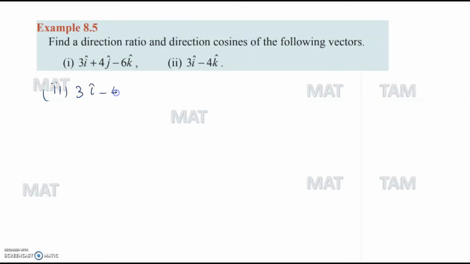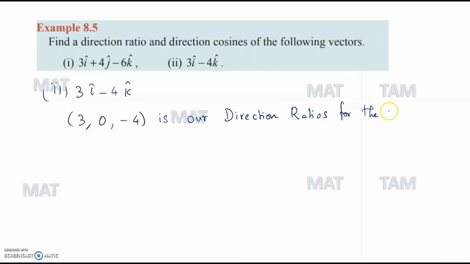So the second part of the question is 3i cap minus 4k cap, and we need to repeat the same thing. So here the coefficients of i cap, j cap and k cap will be 3, 0, minus 4, the coefficient of j cap is 0, which are our direction ratios for the vector 3i cap minus 4k cap. We need to find our r.